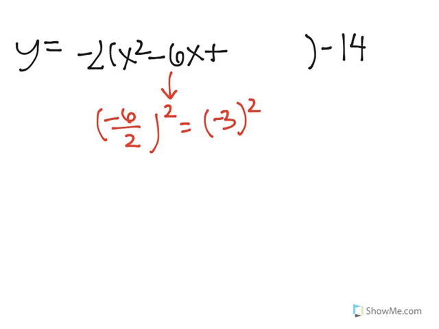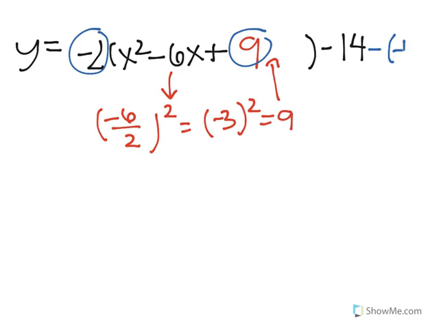So that'll be negative 3 squared, which is 9. So you'll add the 9 to the inside. But since we have the negative 2 on the outside, we have to take that into account to what we add or subtract on the outside. So you have to take 9 times the negative 2, which is negative 18. So we'll add 18 to the outside, or minus the negative.